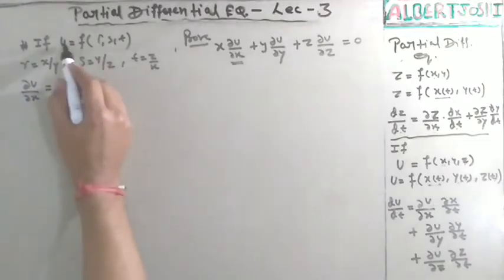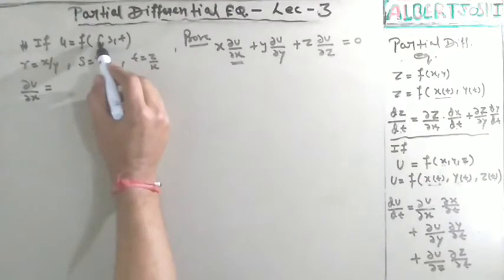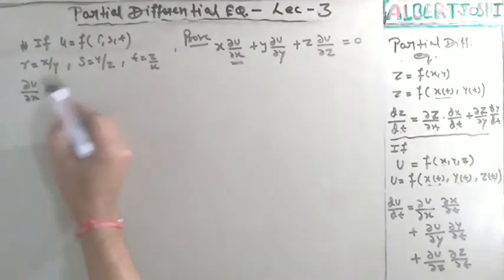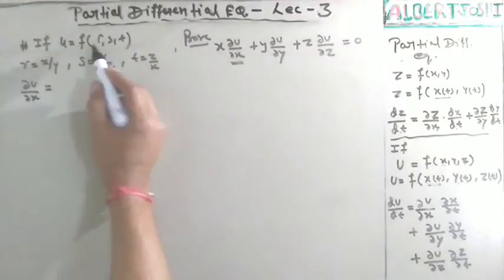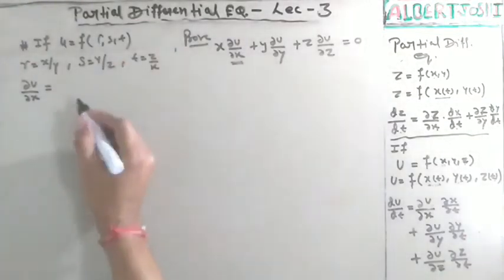If you are differentiating u with respect to x, the total number of variables is 3. So at first you will differentiate u with respect to r, because there is an r variable.